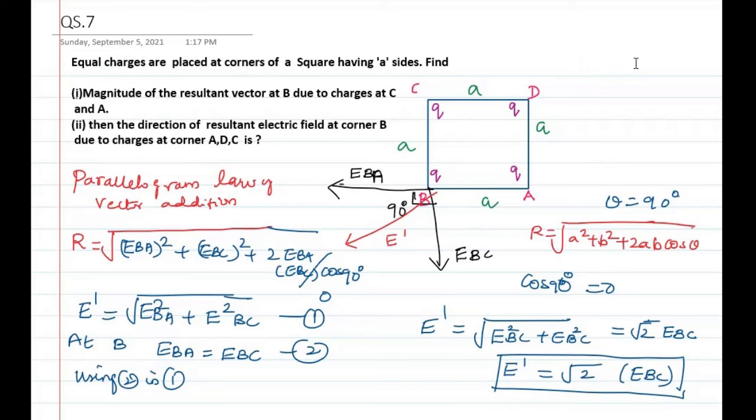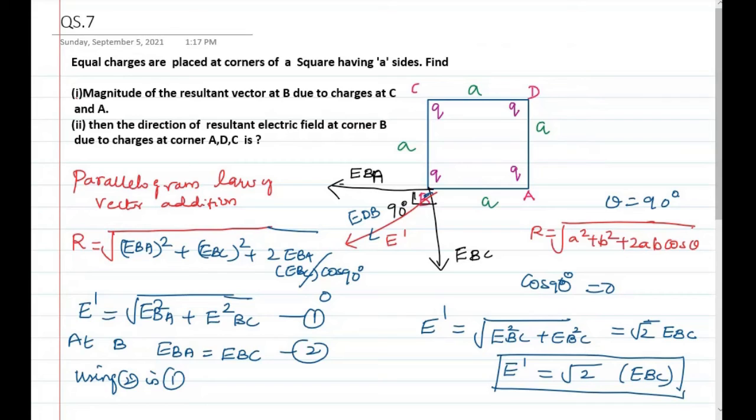So again the charge at B gets repelled in this direction due to D, in the same direction, E_DB. So E dash and E_DB will be in the same direction, along the diagonal.